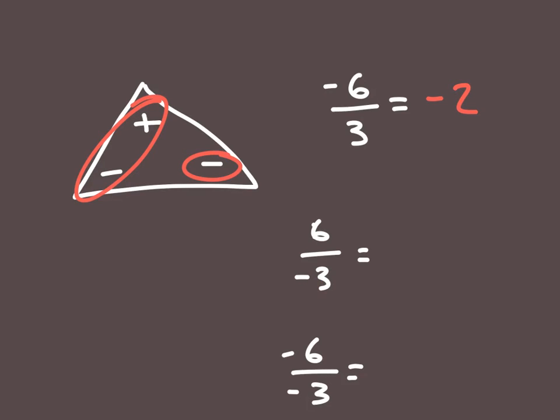A positive divided by a negative, then what's left over is a negative. So I'm going to be left with a negative 2. Now a negative divided by a negative is the same thing over here. A negative and a negative, the result is going to be positive. So my answer here would be positive 2.